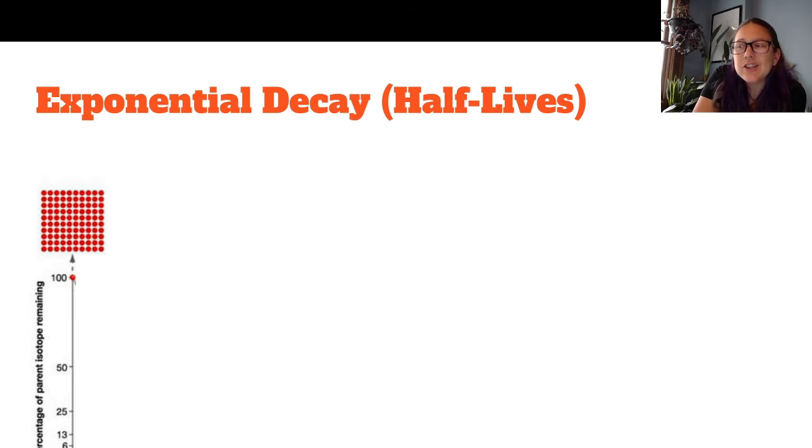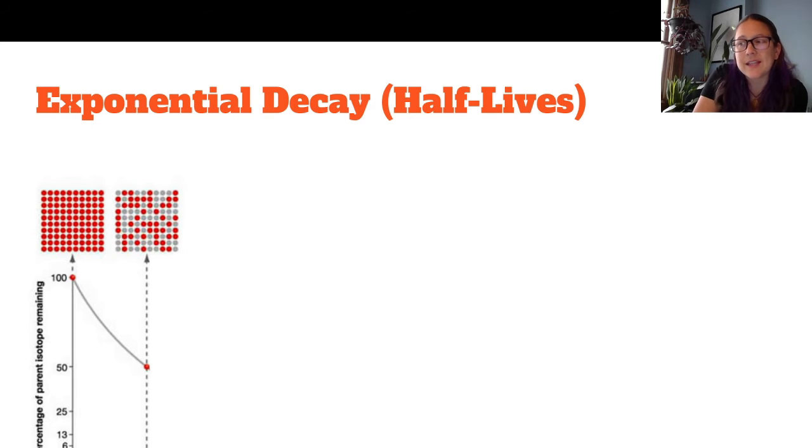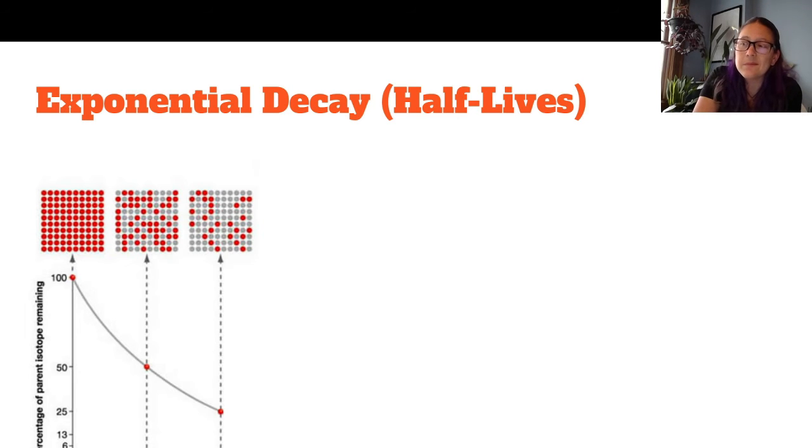Over time, each atom has a likelihood of decaying, and the average time it takes for half of those atoms to decay and fall apart into those smaller pieces is called the half-life of the isotope. After that same amount of time, another half-life, half of those still-radioactive atoms will decay, leaving us with only 1/4 of the amount of radioactive atoms we started with.